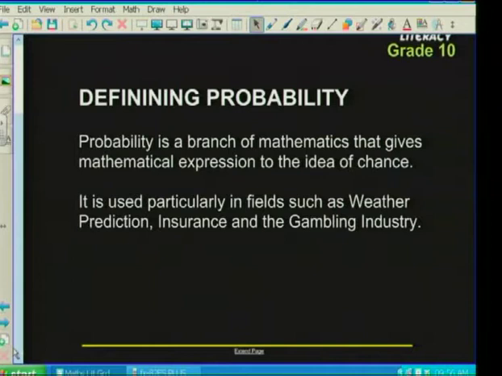So the weather industry uses it, then also the insurance industry, because they're working with chance all the time. They want to know, for example, what are the chances of someone who's maybe 30 years of age, who's just got their license and had it for 3 years, having a car accident? Because based on those chances, they will then set up an insurance premium for people who want to take out insurance against car accidents.